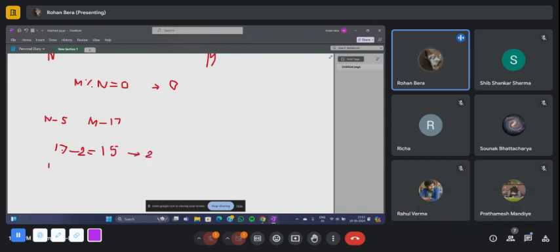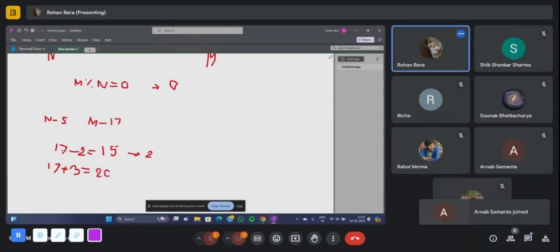Similarly, there are 17 cookies. If I make three cookies more, I will have 20 cookies. Now again, I can distribute these 20 cookies among five people, each person having four cookies.